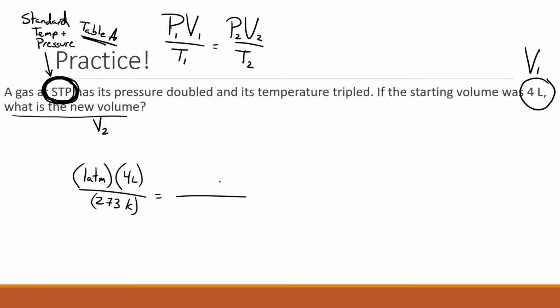We're looking for V2. Our pressure was doubled. So if I started with 1, I'm going to have 2 atmospheres. Our temperature was tripled. So if I started with 273, that's going to give me 819 Kelvin.